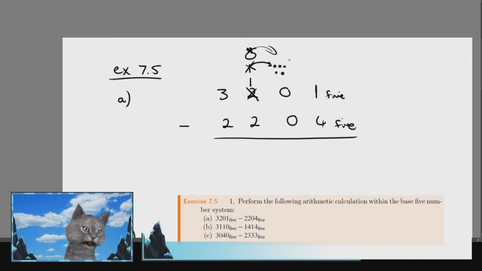Now I have 5 things here that I can borrow from, because my ultimate goal here is still to have enough to subtract 4 from in the ones column. I can then take one of those, which really is its own little baggie, that I split open and make 5.